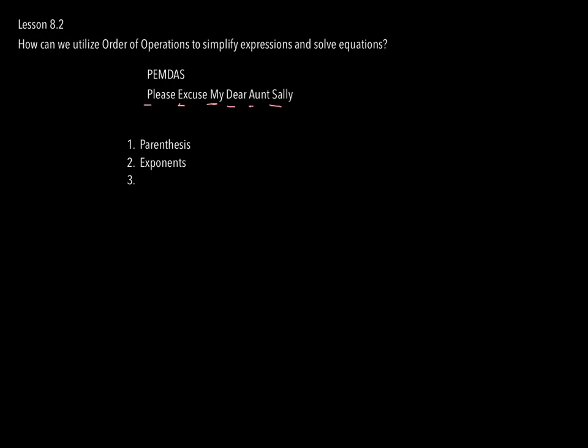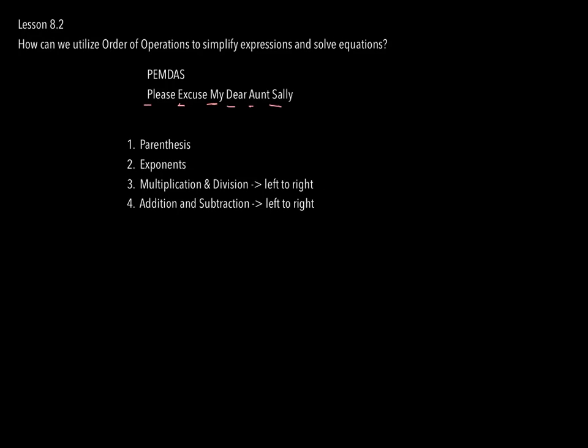Then three, we should do multiplication and division, and that's from left to right, just kind of how we normally do math. And then our fourth step would be addition and subtraction, and that again is left to right.